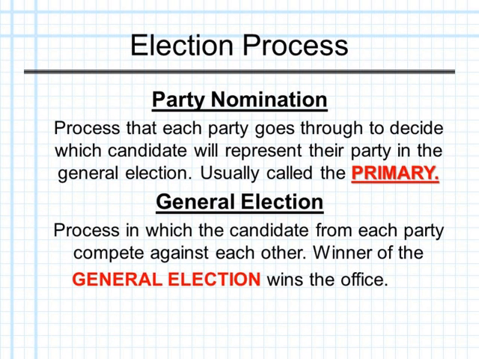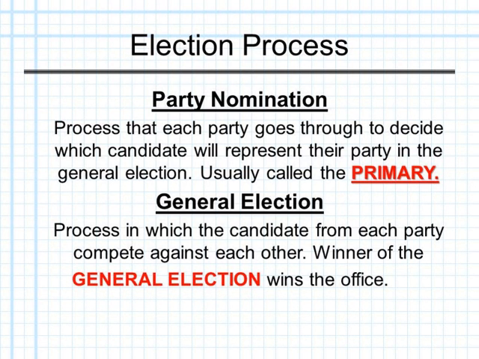Now, if we focus in on the election process or how a person gets elected to political office in this country, we need to understand that the election process in this country for most offices is really a two-step process. If I want to be a member of Congress representing the 8th Congressional District, there are really two elections I have to win.